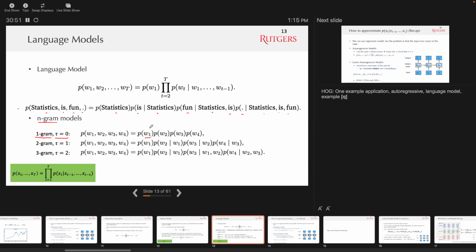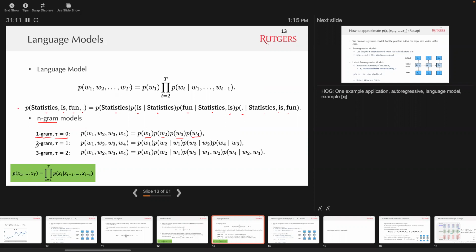It's conditioned on no previous observations. So this is the 1-gram model, and it corresponds to the 0th order Markov model.